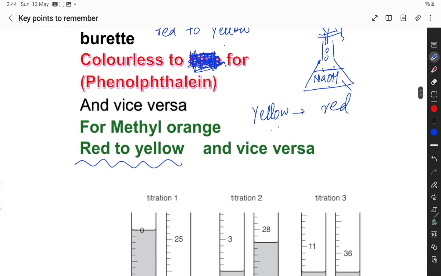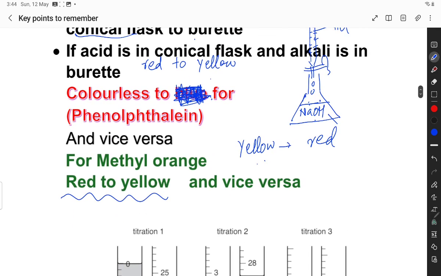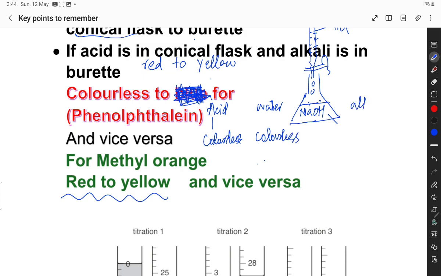Next is phenolphthalein. In acid its color is colorless, in water it is also colorless, and in alkali it is pink.